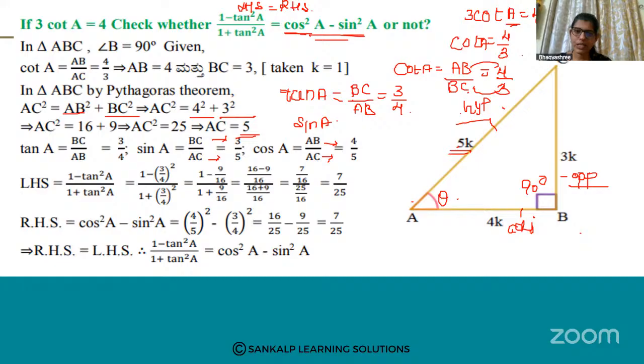Next, first we'll take LHS part. 1 minus tan square A divided by 1 plus tan square A is equal to 1 minus tan A value is 3 by 4 whole square, 1 plus 3 by 4 whole square, right? 1 minus 3 square is 9 divided by 4 square is 16, 1 plus 9 divided by 16.